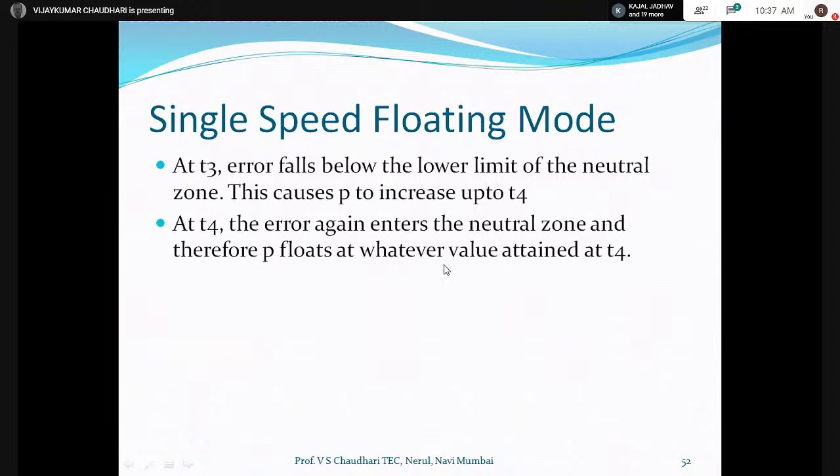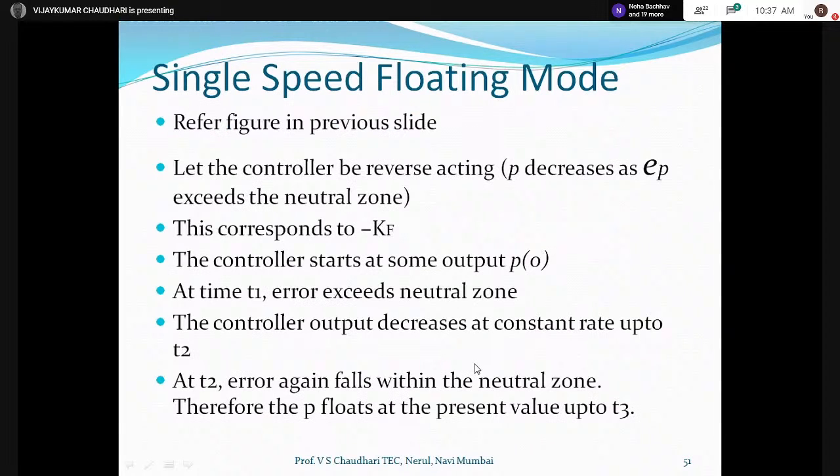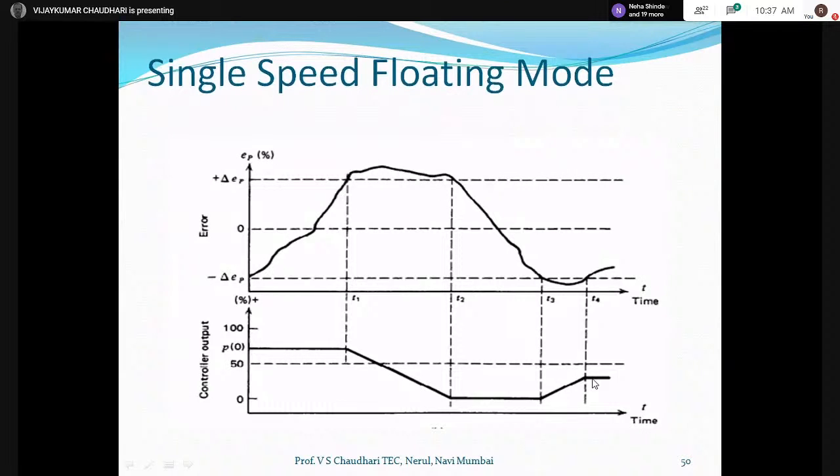Therefore, P floats at whatever value it has attained at t4, and will continue to float with this value until the error again exceeds plus delta EP or falls below minus delta EP. This is what is single speed, plus minus k, dp by dt. Speed means rate.